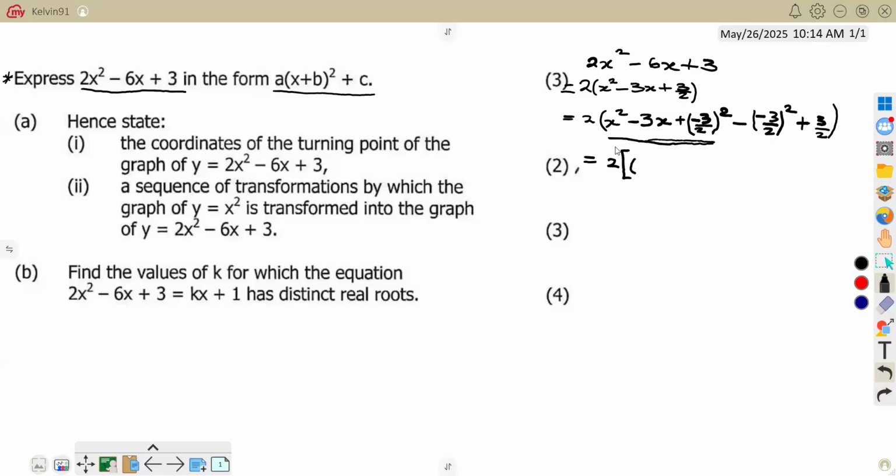This underlined part is now a perfect square. This one becomes x minus 3 over 2, squared. Then we simplify the part which is there. It's going to be minus 9 over 4 plus 3 over 2.